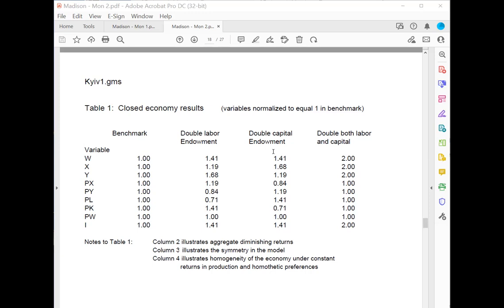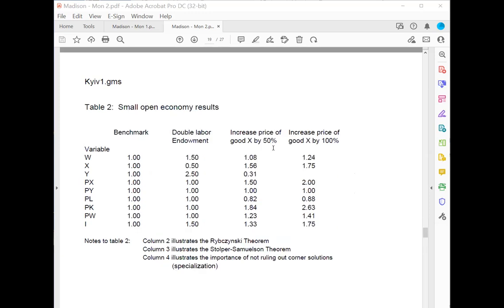But this looks at the benchmark, doubling labor, doubling capital, doubling both endowments. And then this was the small open economy parable where I just fixed the prices: benchmark, double labor endowment, increase the price of good X by 50%. Oh, I should have gone to that one.